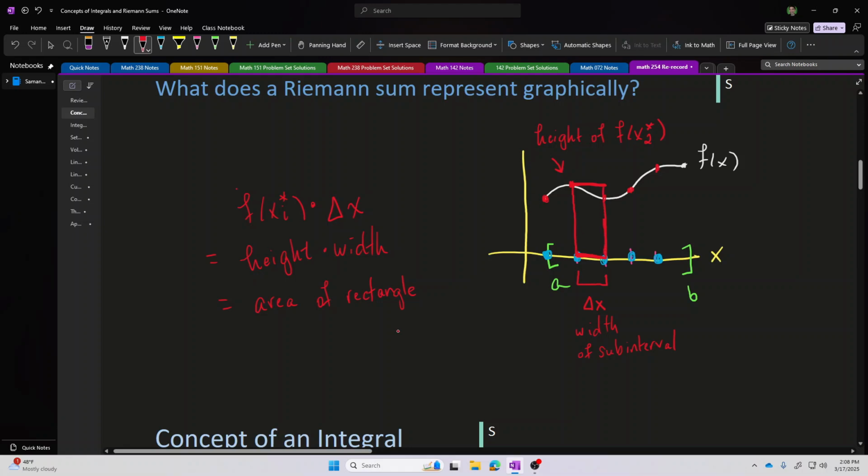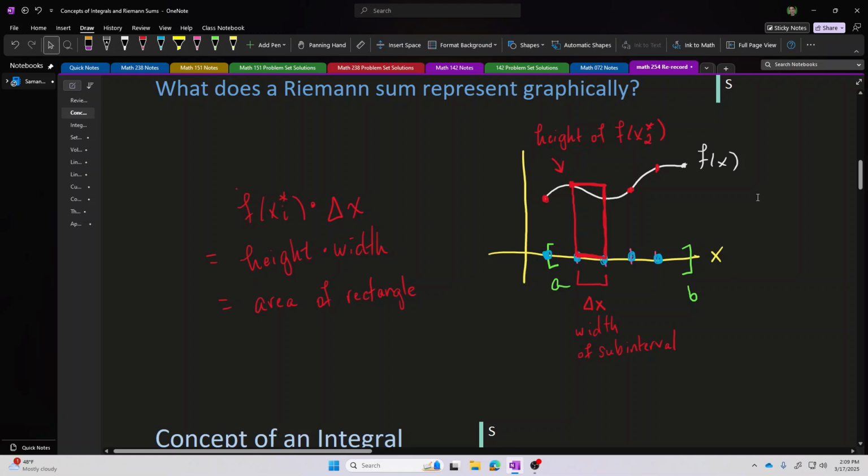So I'm going to draw that rectangle into the picture. The height of the rectangle is given by this left endpoint of the second subinterval, and the width given by delta x, the width of that subinterval. So this particular product here is giving me the area of this particular rectangle. This is what it would look like for the second subinterval.